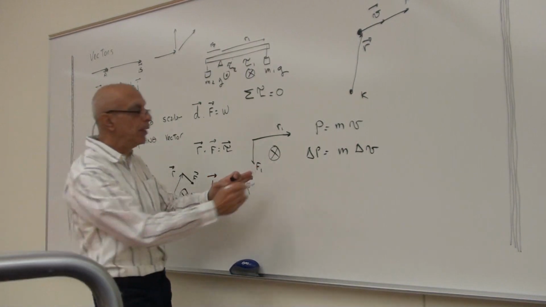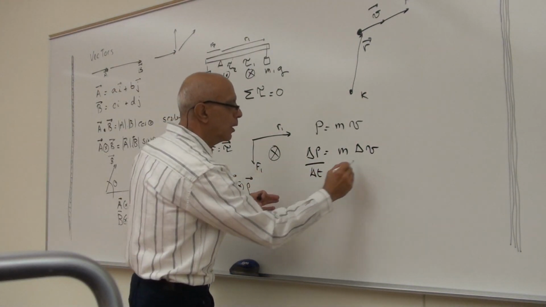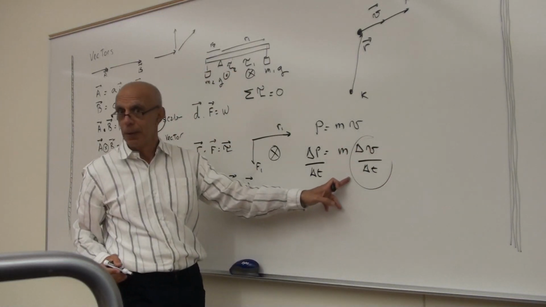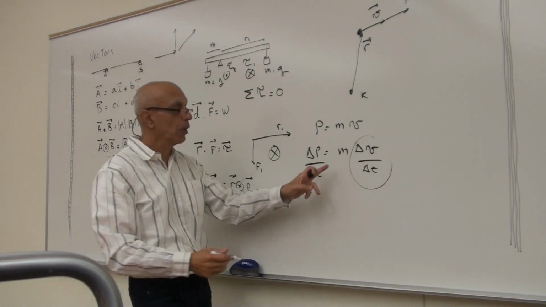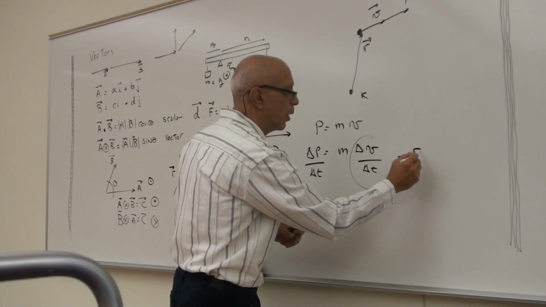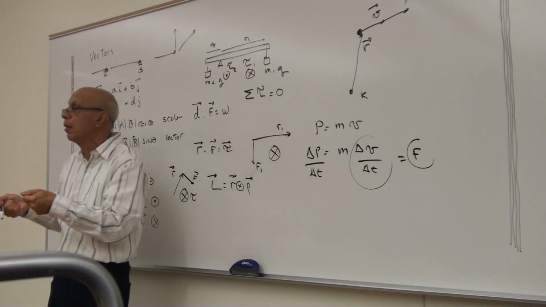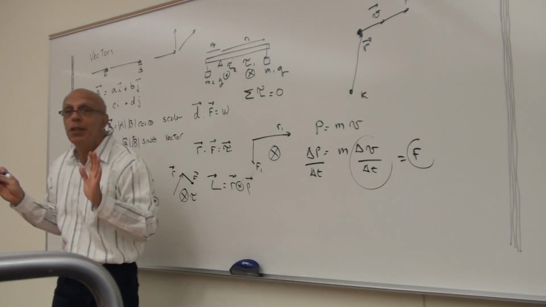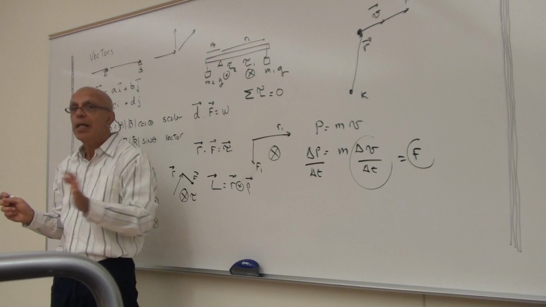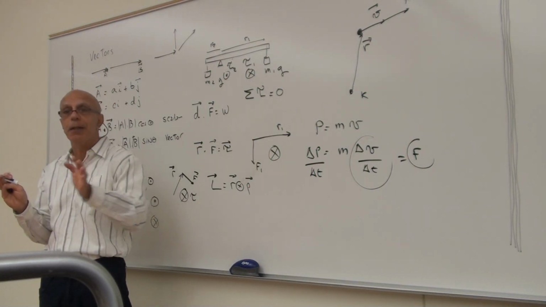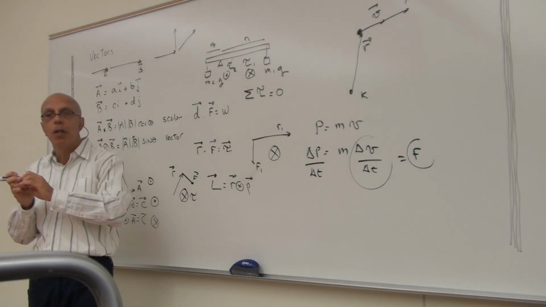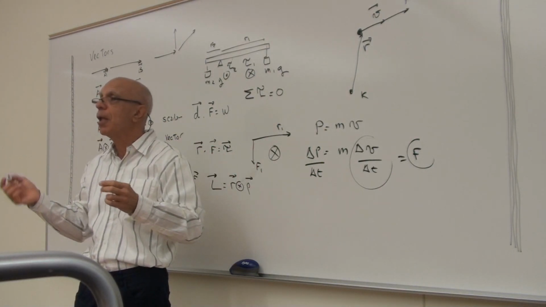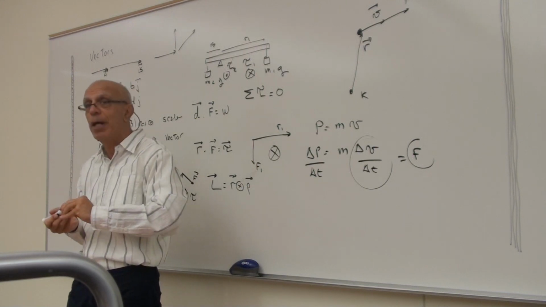So the rate of change here becomes what? Acceleration. M times acceleration is force. So I need a force to be able to change linear momentum, otherwise it's going to be conserved. That's Newton's first law. I have a body moving at a certain velocity, it's not going to change until a force is applied, or at rest.